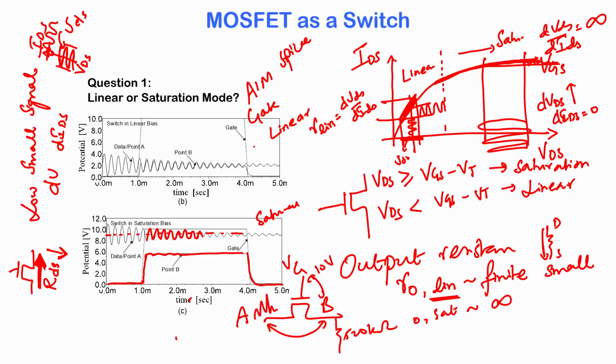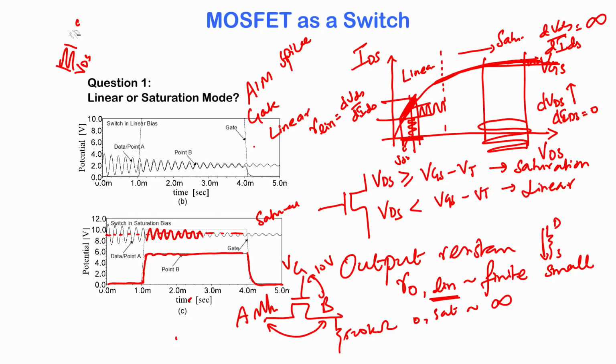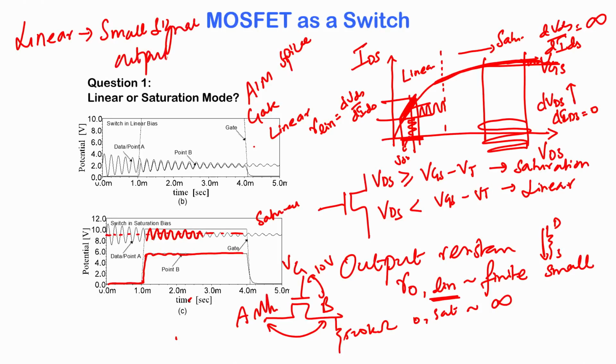This is a very illustrative example showing that we need the MOSFET to be in linear mode operation, because it is going to have a low output impedance in linear mode operation. So, this is the summary. In linear mode operation, the small signal output impedance of the MOSFET is very low, and in saturation mode operation, the small signal output impedance of the MOSFET is very high.